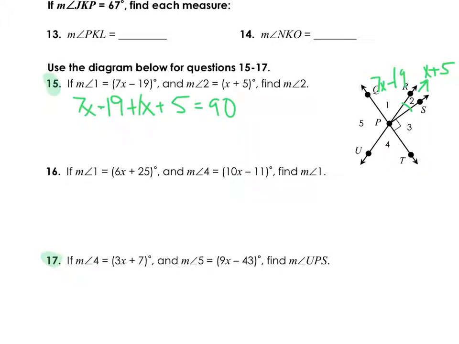Okay, let's erase here. Then 17. 4 is 3x plus 7. 5 is 9x minus 43. All right. They want to know UPS. All right. So they want to know how many degrees it is from here to there.